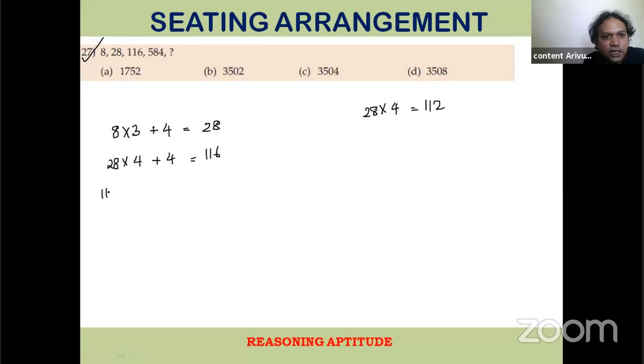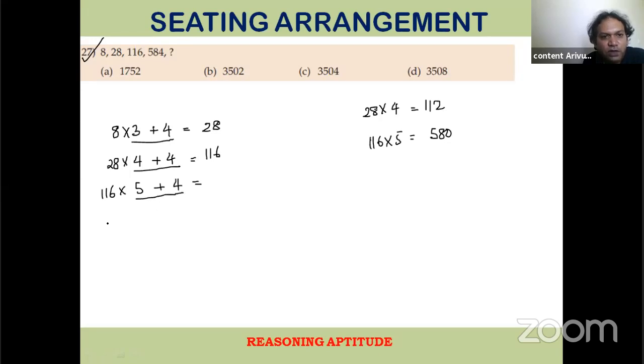So it's 112, and 112 plus 4 is equal to 116. And 116 into 5 plus 4 is how much? 116 into 5 is equal to 580, and 580 plus 4 is 584. So the first one is into 3 plus 4, the next one is into 4 plus 4, the next one is into 5 plus 4.